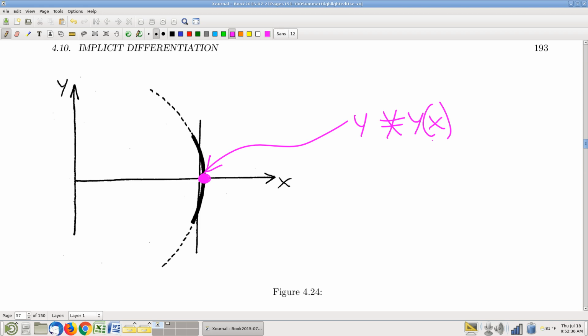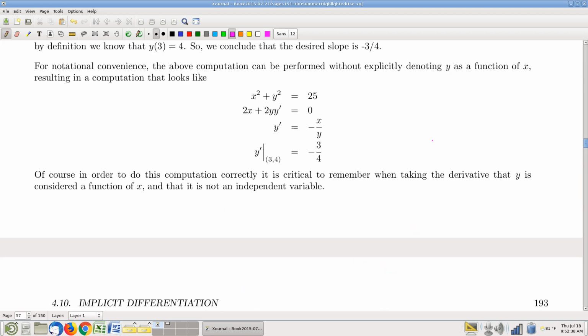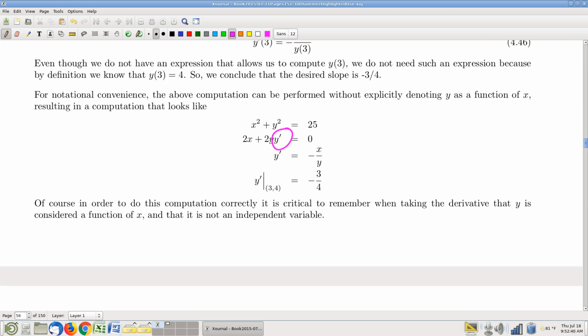And if y is not a function of x, then you sure can't take a derivative of it. That becomes total garbage. Nonsense. You might as well try to take a derivative of a bicycle. It's not a thing. So how are we going to deal with that problem?